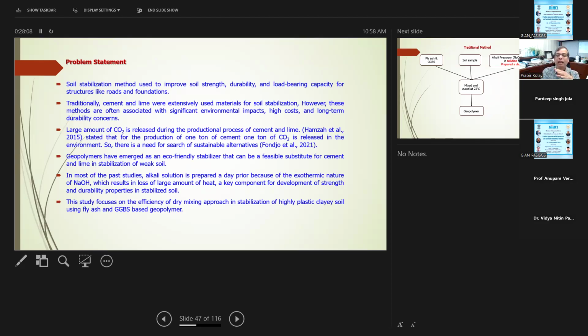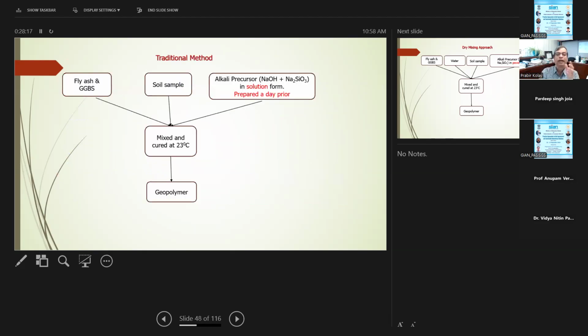In most cases, the geopolymer uses the wet mixing method. In a traditional geopolymer, we use fly ash and the soil sample, and then an alkali precursor, sodium hydroxide and sodium silicate solution. When you add water to sodium hydroxide, it generates a lot of heat. You mix it with the sodium silicate solution and keep it overnight, and the next day you mix it with the fly ash, GGBS, and soil together.